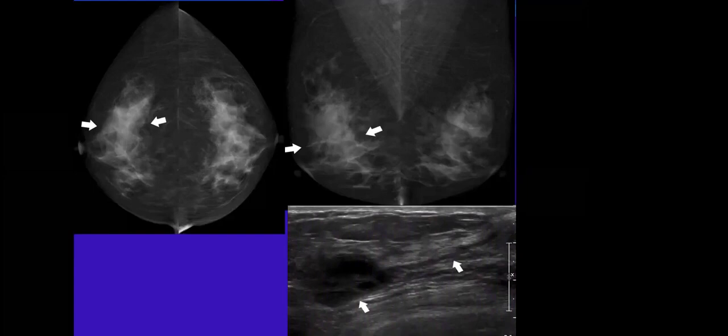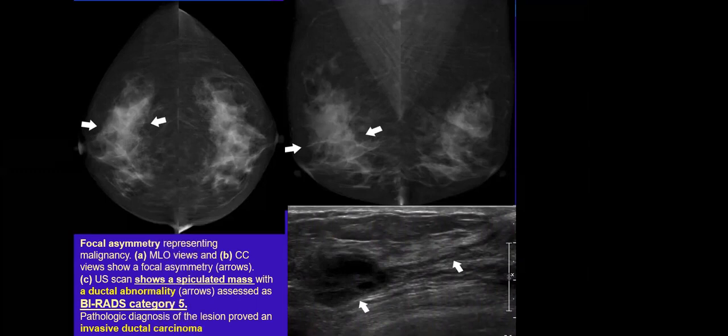Look for the difference. Here, not very impressive, but look at the ultrasound. It is spiculated or angular, indistinct, heterogeneous, hypoechoic with ductal extension. So it is BI-RADS 5. After ultrasound, it became BI-RADS 5, and it was invasive ductal carcinoma.